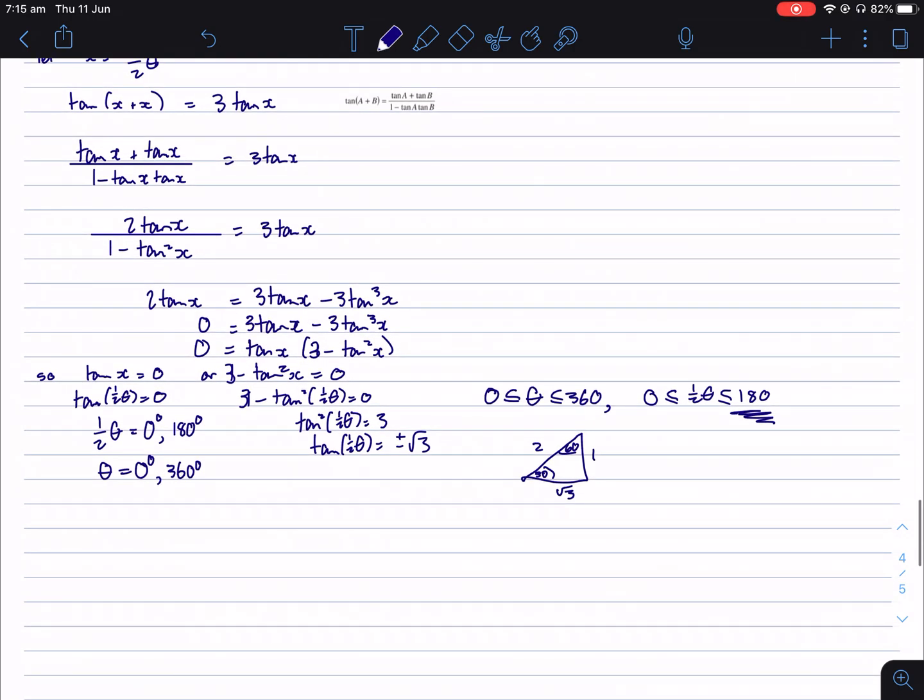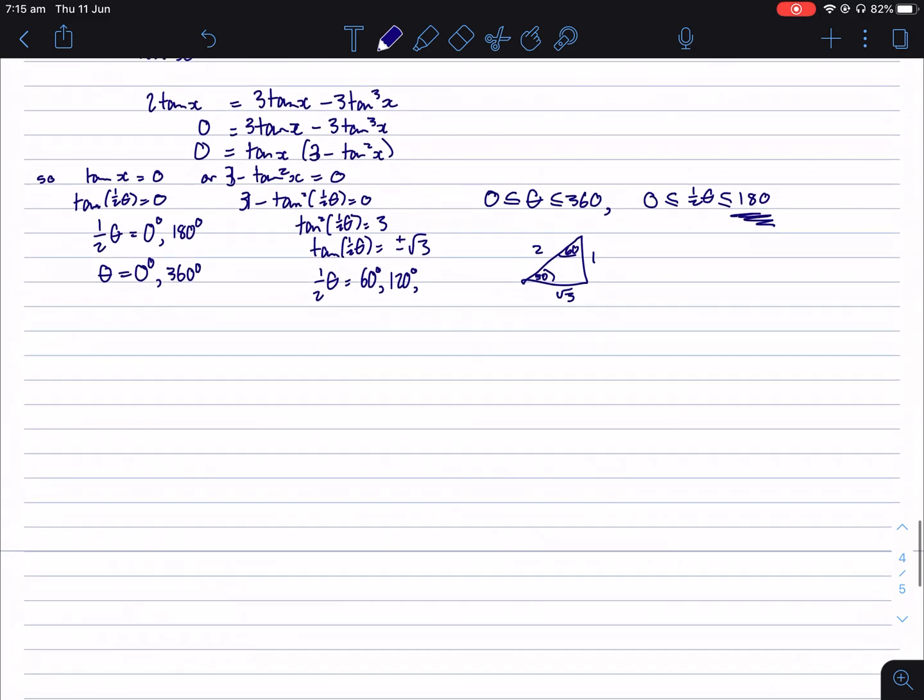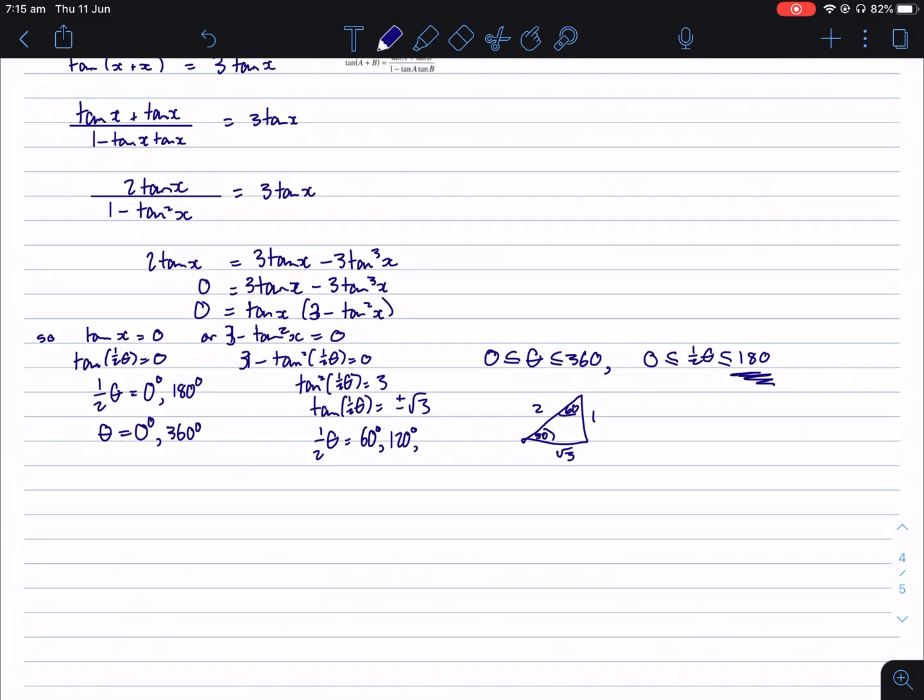Tan is root 3 when it's 60 degrees. But because it's plus minus, we've got to work our way all around. So it's 60, 120. And then the others are all more than 180. I mean, I could have gone 240 and 300, but I'm stopping at 180. So that means theta equals 120, 240.